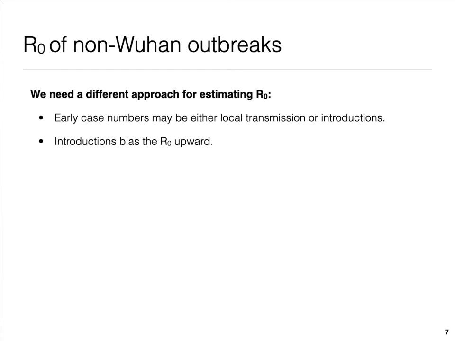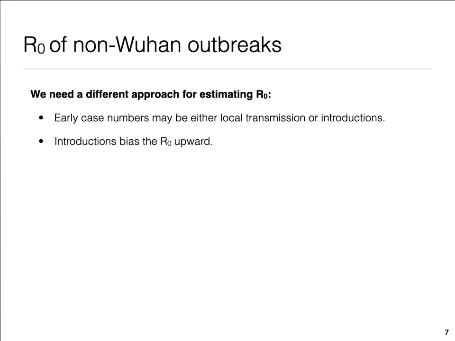Now, when aiming at estimating R0 for non-Wuhan outbreaks, we actually need a different approach from merely looking at how fast the number of cases increases, as early case numbers may either be actual local transmission or additional introduction events from Wuhan.